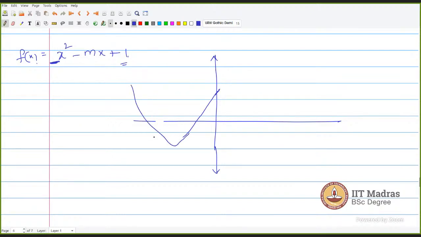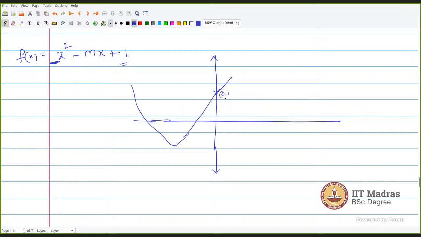This is (0, 1). Now his research on the design led him to the conclusion that the entire structure will collapse if the parabola is not on the positive side of the x-axis.